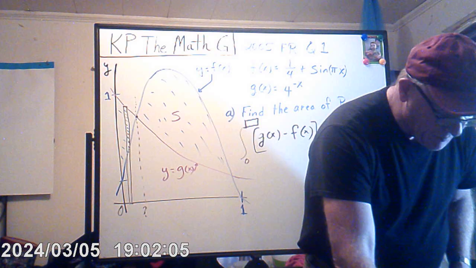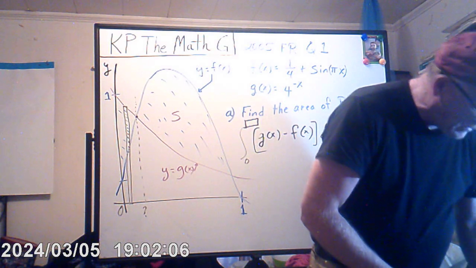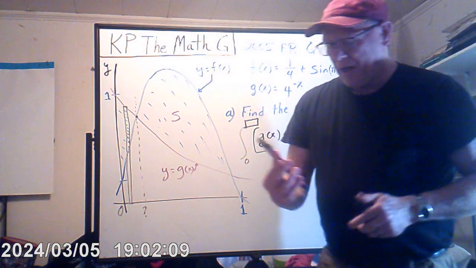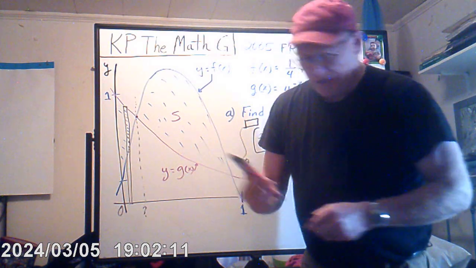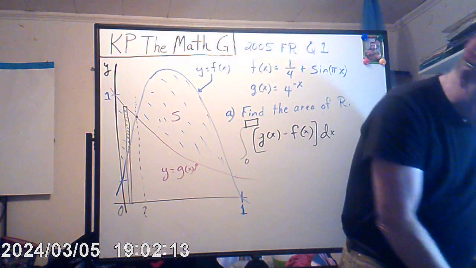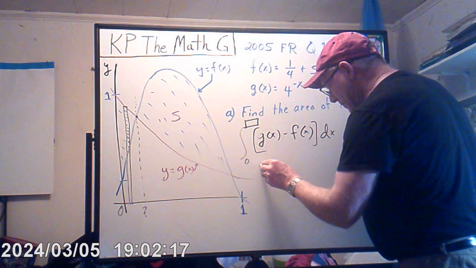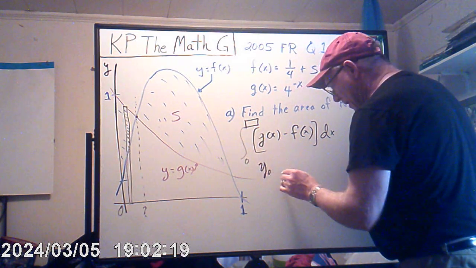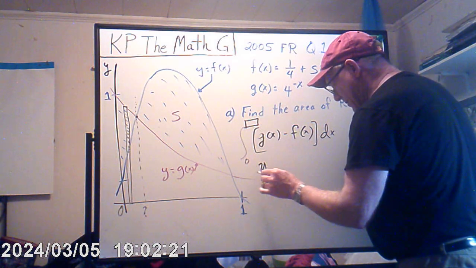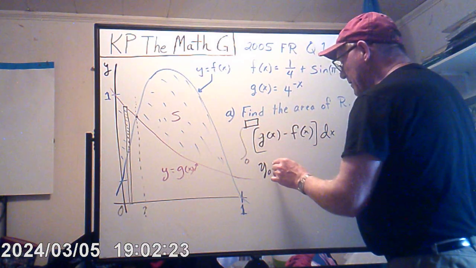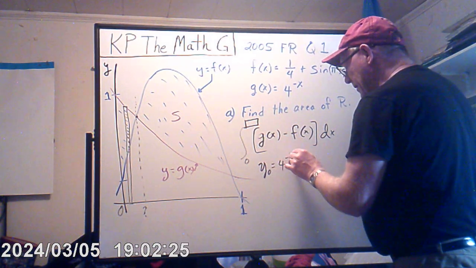I have a y sub 0, so I'm just going to use that. So this, instead of g at x, is actually y sub 0. That is the 4 to the negative x.